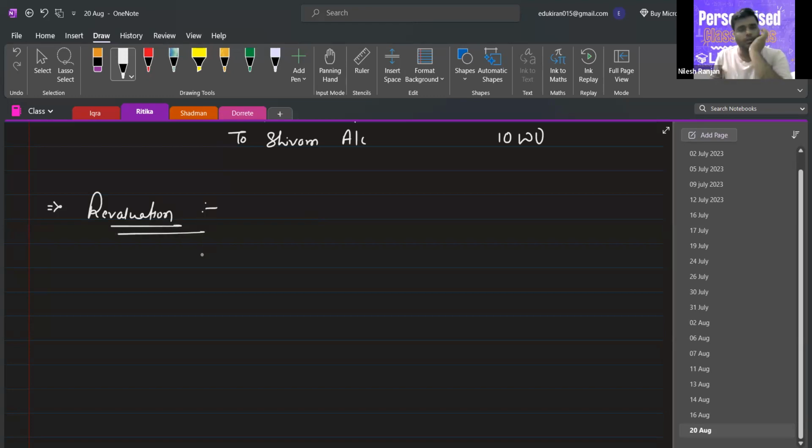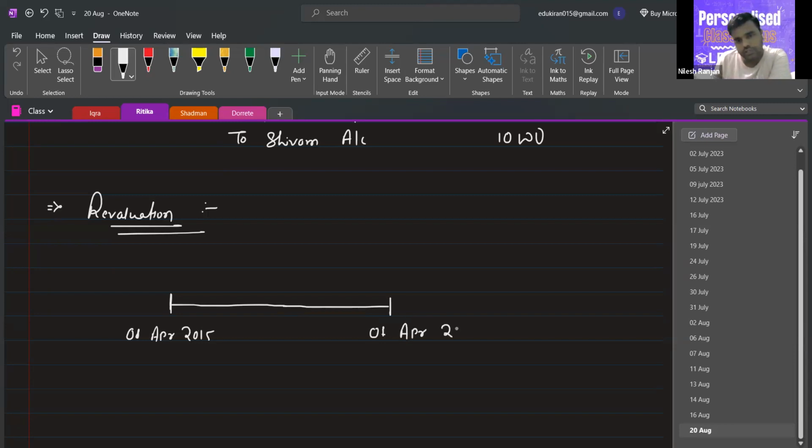Now, over the time, let's say you start a business here on 1st April 2015, and you go here, it is 1st April 2023.